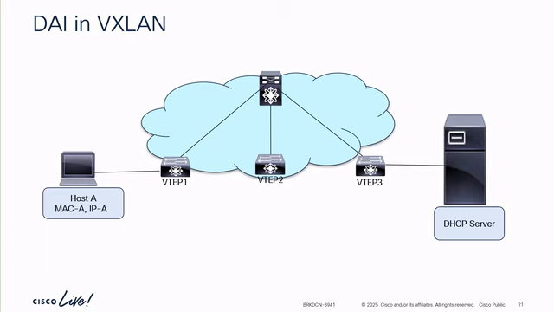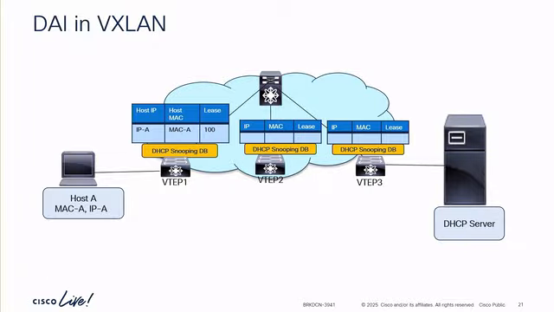Again, the picture is the same. We have host A on one side, and we have the server on the other. After the DORA exchange, what we just looked at in the case of DHCP snooping, it's the same thing: the snooping database is populated with the IP and the MAC address of host A. So when the next ARP request from the host comes, or a gratuitous ARP, we are going to look at the credentials of the ARP and then check against the snooping database to confirm that there is a match.